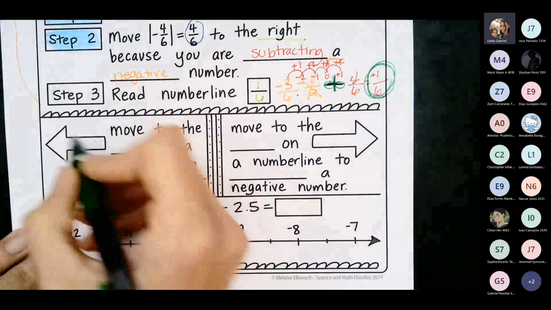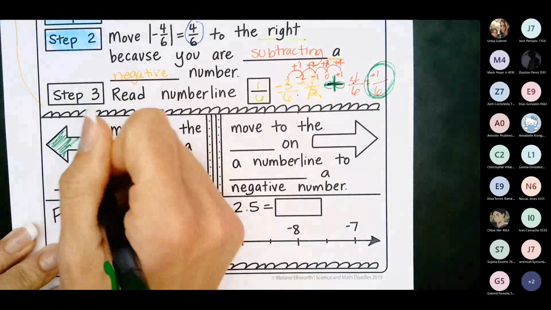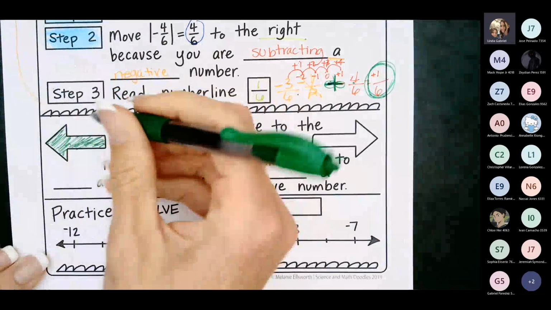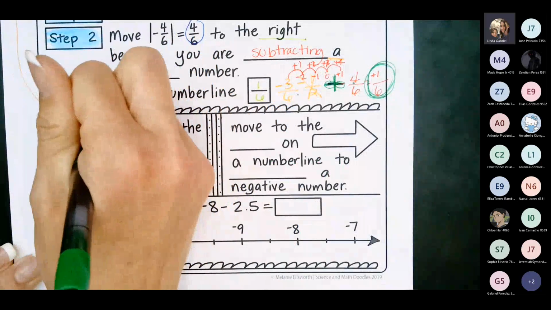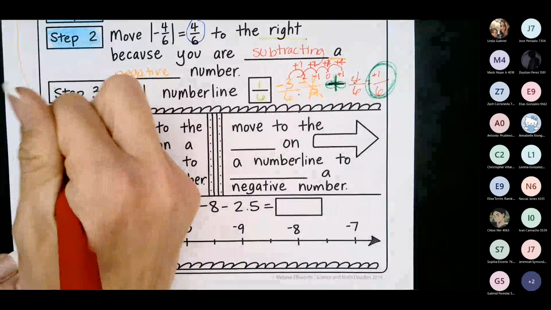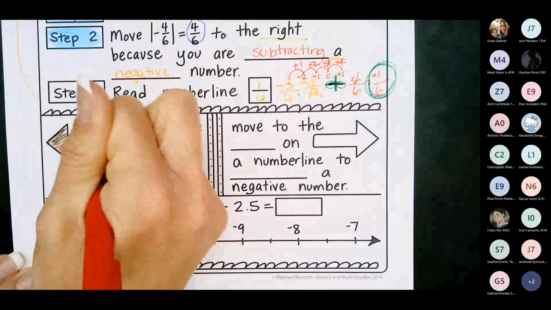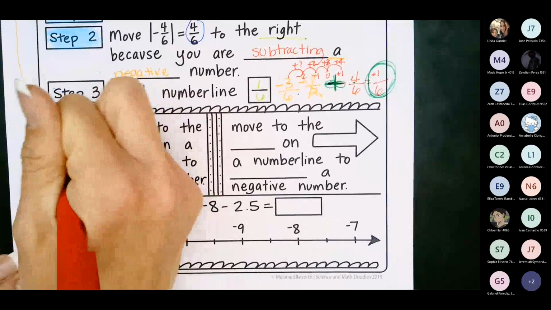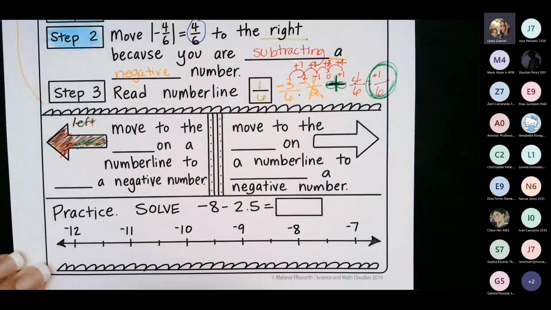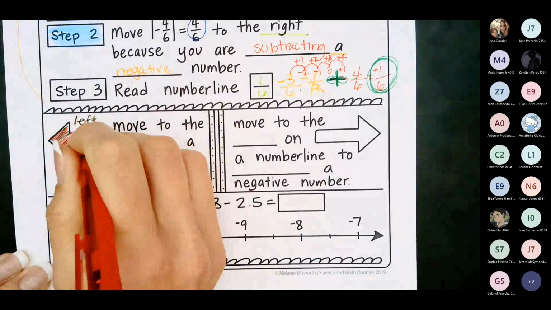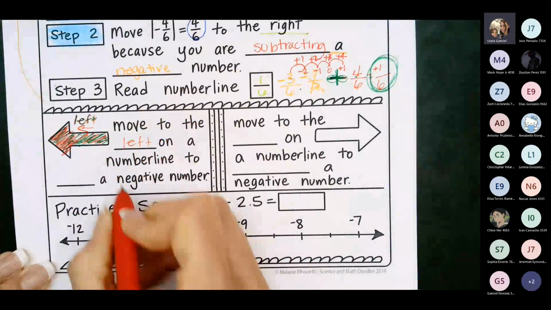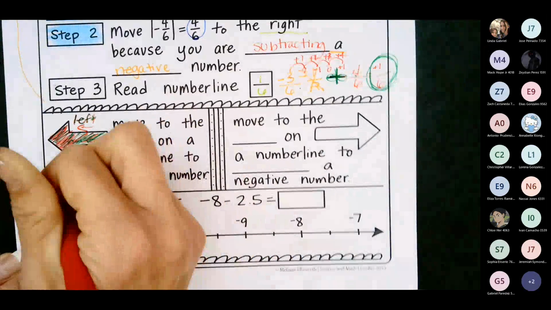All right, so if I reiterate that rule: I move left when adding a negative. Probably should have used red, since red makes this negative. If I am moving to the left, I'm moving in the negative direction. Moving to the left on a number line is because I am adding a negative number.